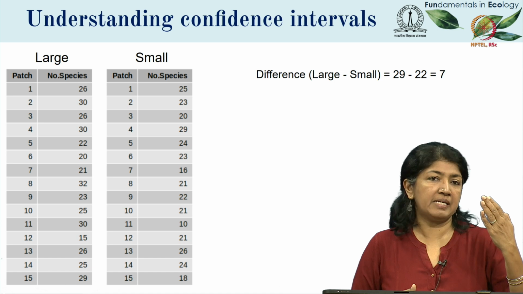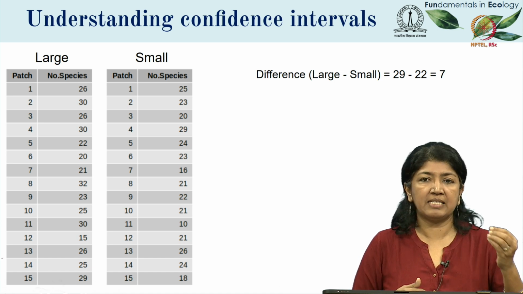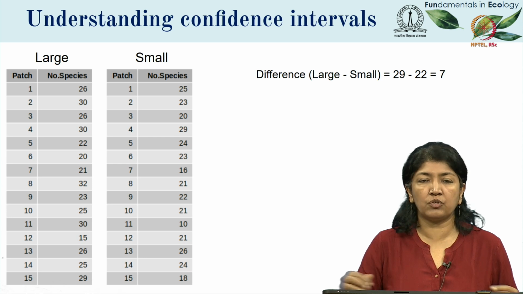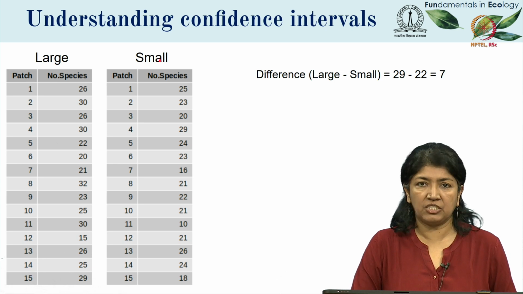I have sampled, for example, 15 large patches and estimated species richness in each of those 15 patches, and then I have focused on small habitat patches, and here are the data from 15 small patches.